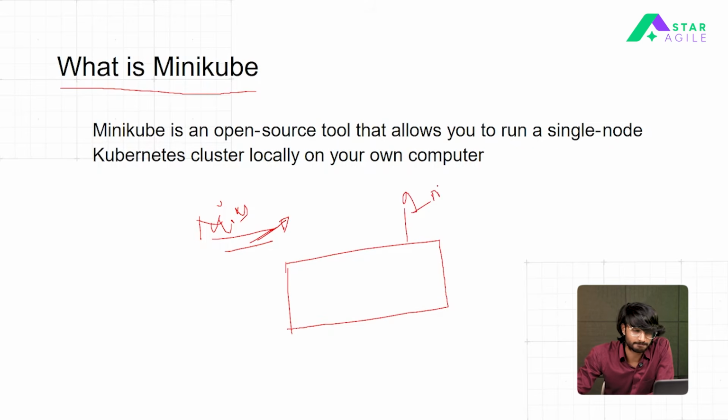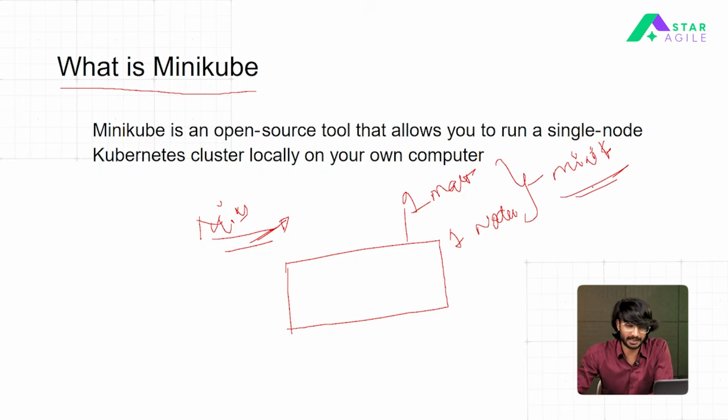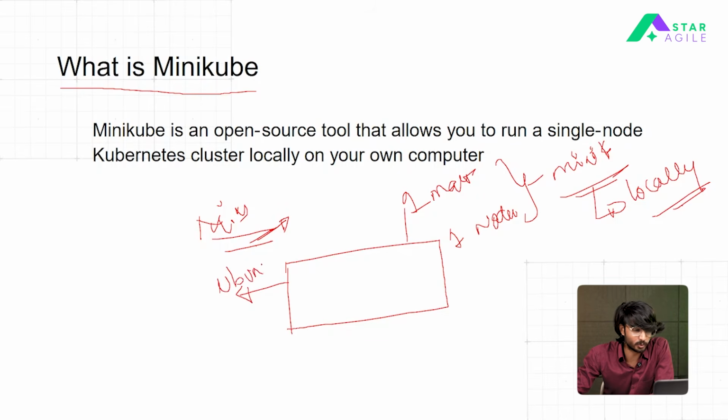One master, one node cluster will be created by using Minikube, so that you can practice this thing locally. Right, that is the reason we have last class taken Kubernetes, in the last session we have taken Ubuntu server. There we have installed or we have created a Kubernetes cluster by using Minikube, right?